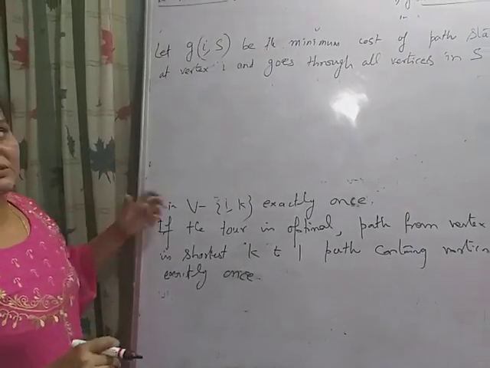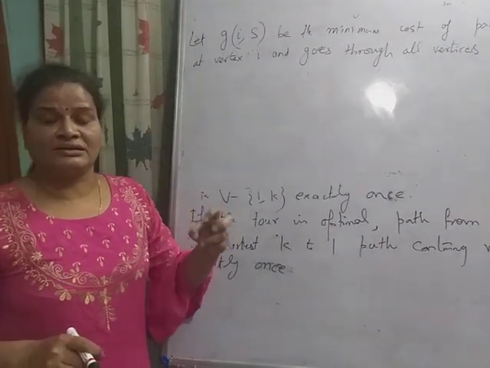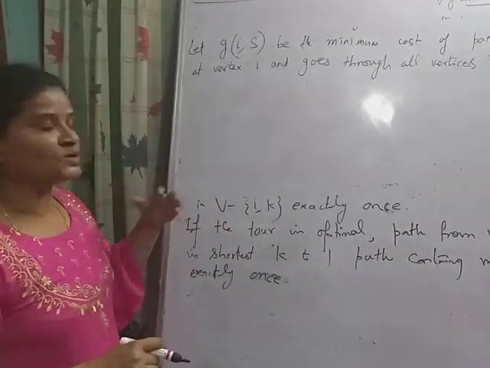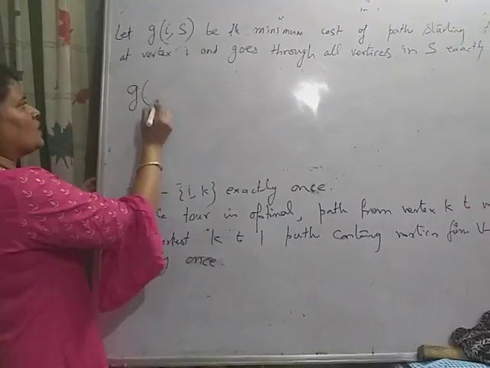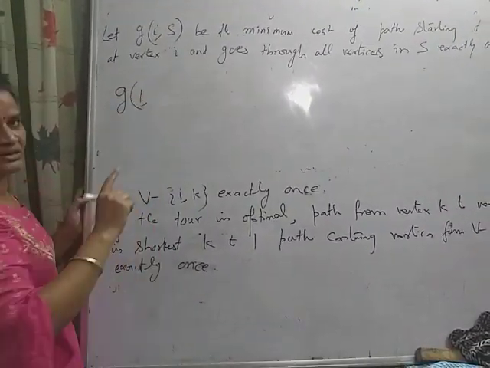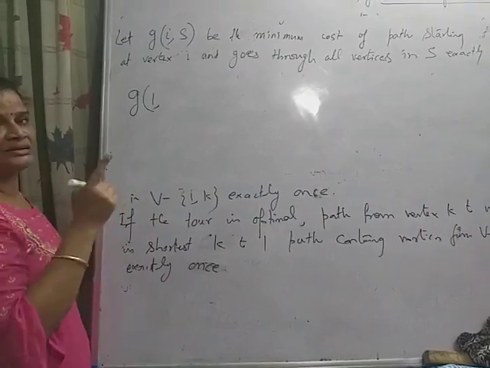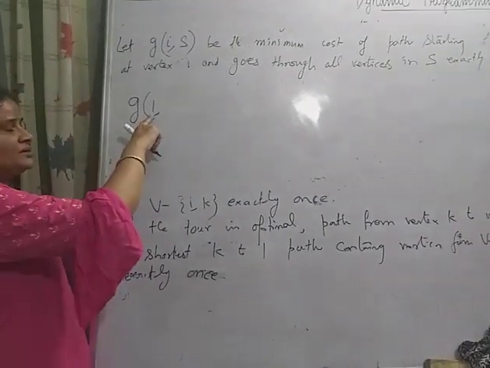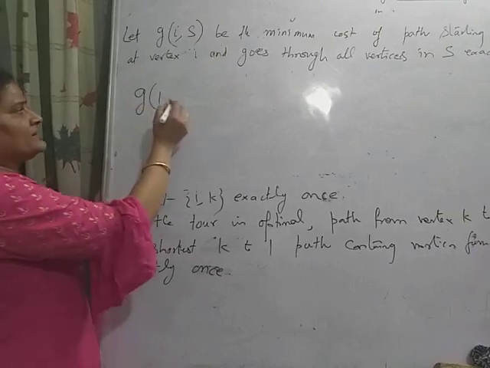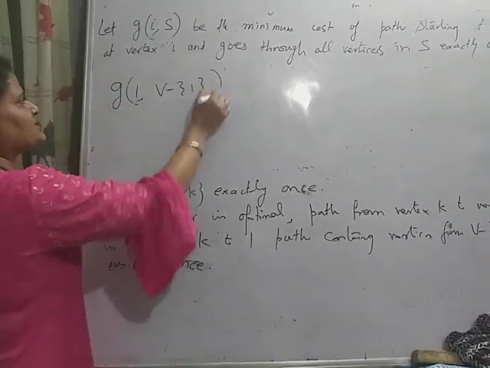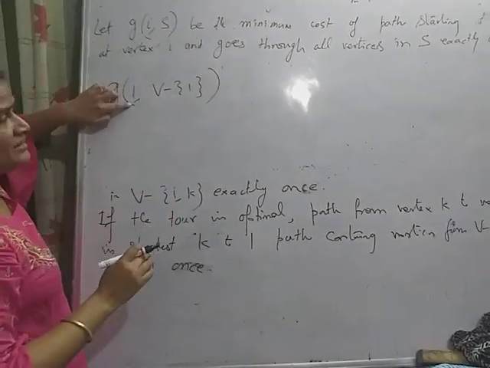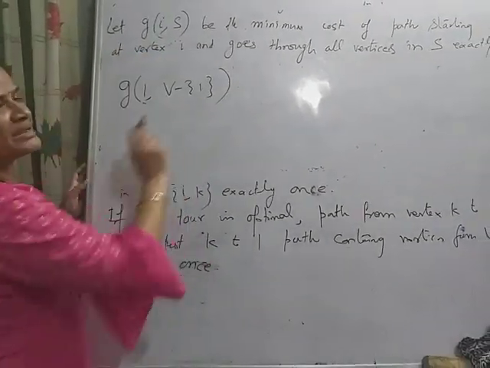So our objective is to find the cost of the optimal tour, g(1, V minus {1}), because our objective is to find the minimum cost of the tour that starts at 1, goes through all the vertices, and terminates at 1. Compare this and this: here i is 1 and S is the set V minus {1}.